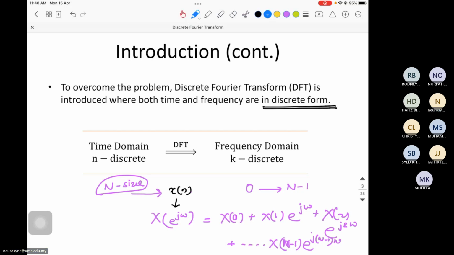These are the sample values, samples of x at endpoints.